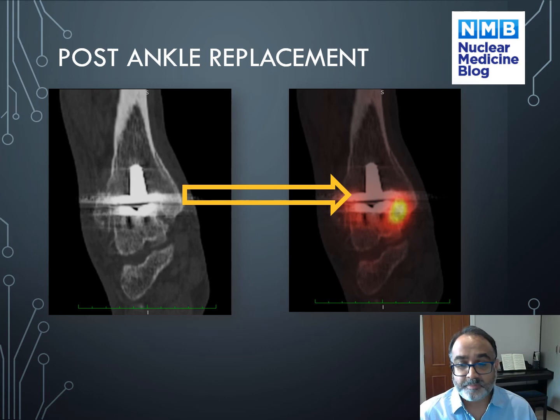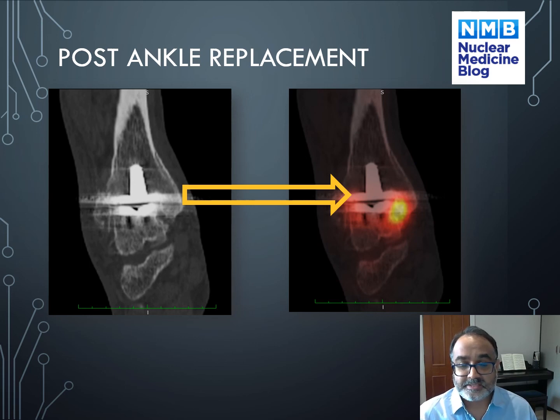One of the most common complications we see with ankle replacements isn't loosening or infection, but actually impingement syndrome. So in this case, what's happened is you've got progressive osteoarthritis and you've got medial ankle impingement, where you've got the overgrowth of the medial malleolus contacting and pressing on the talus.